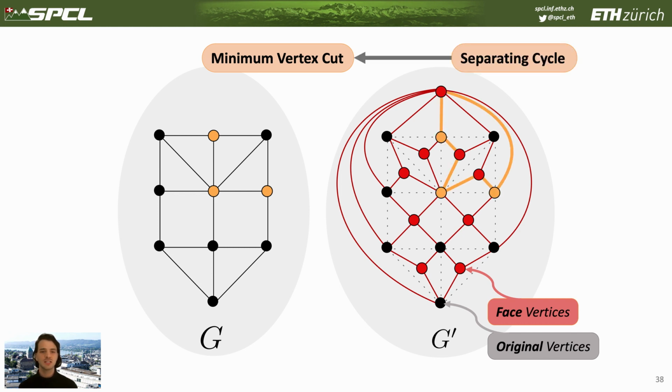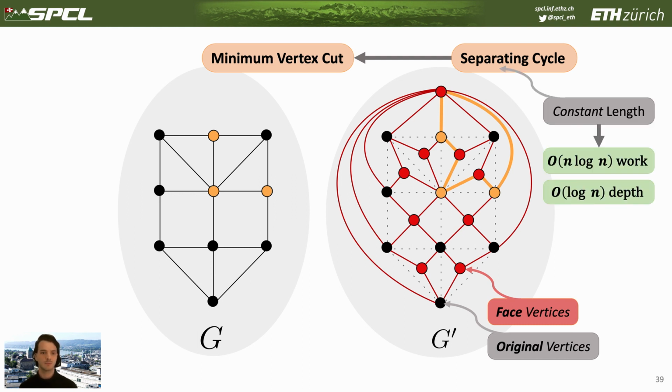Now, consider a cycle in the semi-dual graph whose removal leaves the original vertices in at least 2 connected components. It can be shown that this separating cycle corresponds to a vertex cut of half the length of the cycle. Because the graph is bipartite, this is an integer value, so this makes sense. And now we can use this relationship to find a minimum vertex cut using subgraph isomorphism.